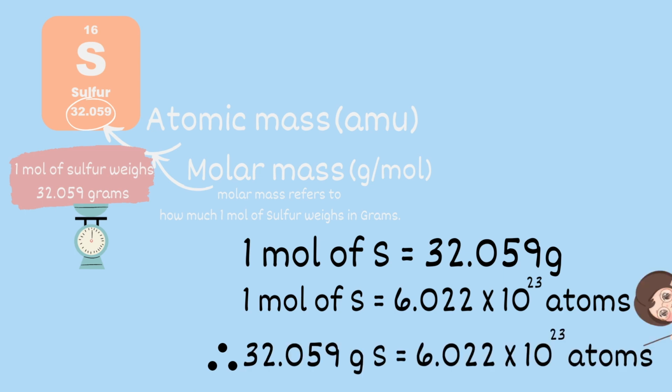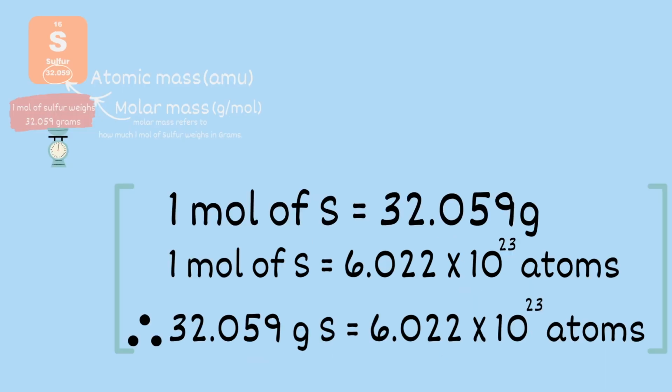Therefore, 32.059 grams of sulfur is equal to 6.022 times 10 to the 23rd atoms. So we can see there's a relationship between not only moles to grams, moles to number of atoms, but also grams to number of atoms. Okay, so let's use this information we learned to answer the next couple of questions.